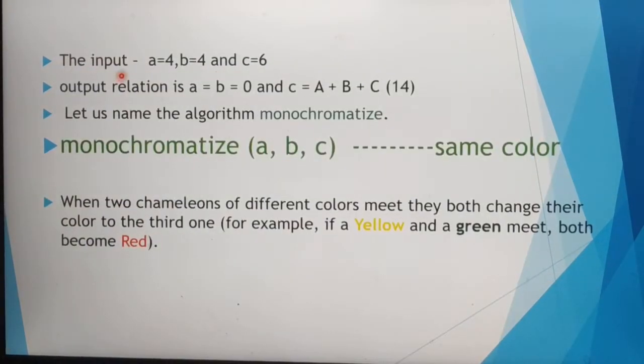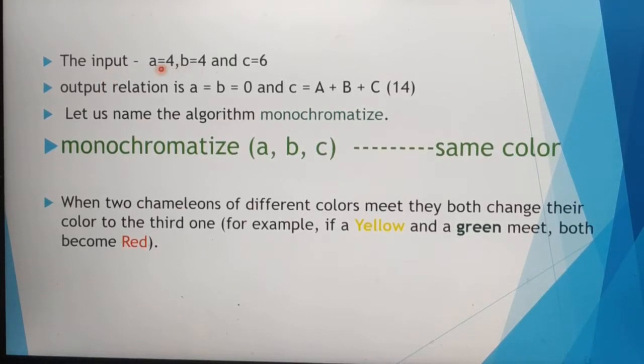Here we can see input and output values. In input, A and B must be the same number of chameleons. So here we have taken A and B equal to 4, and C equal to 6. In output, all the chameleons are converted into the same color, which is C's color.